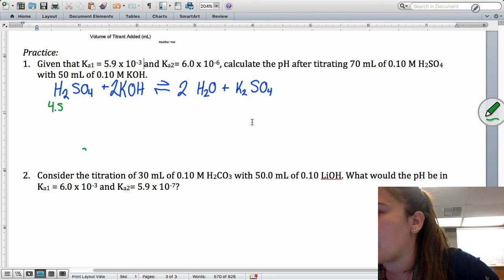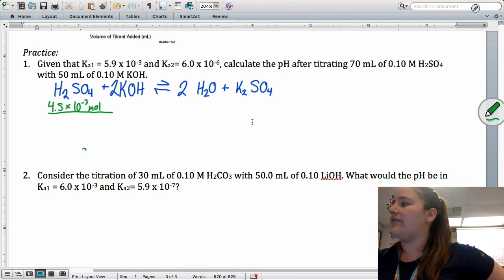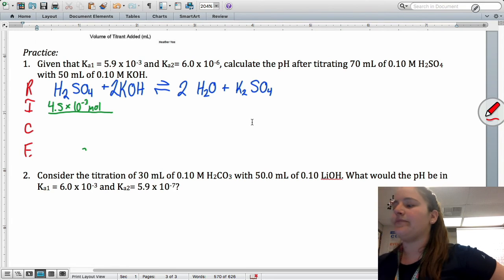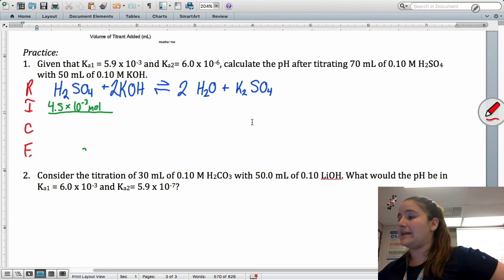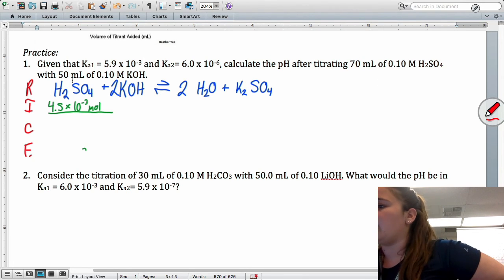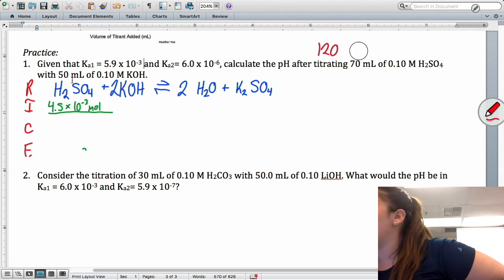4.5 times 10 to the negative 3 moles of H2SO4. We want the molarity of it for our rice table, so we divide it by how many liters we have. We have 70 milliliters plus 50 milliliters, so that is 120 milliliters, aka 0.120 liters.